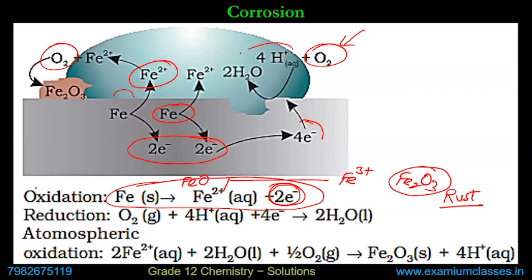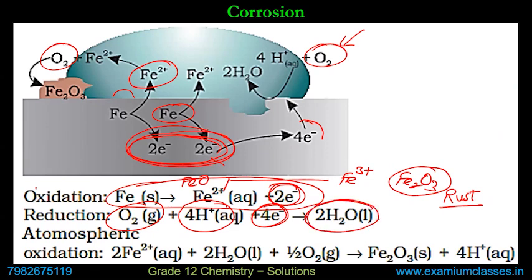The 4H+ and H2O are interrelated here. The moisture provides the hydrogen ions. It combines with oxygen, the 4 electrons are used, and you again get liquid water.